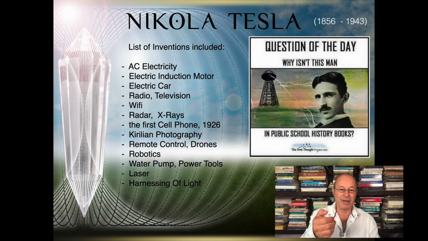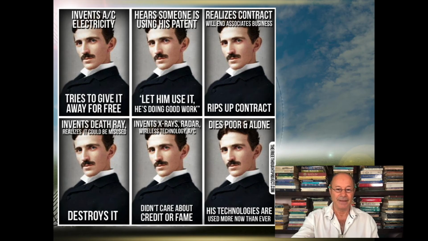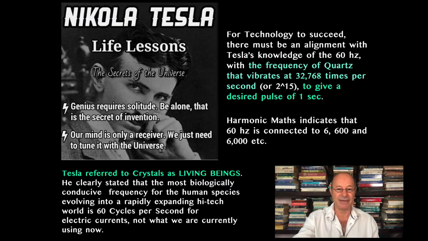If you use a remote on the TV or a laser beam, this is his work, which is all about the harnessing of light. And to harness light, we need crystals. So many people try to take his work and use it in other ways, and he just kept inventing other things. So he's saying here that a genius requires solitude.